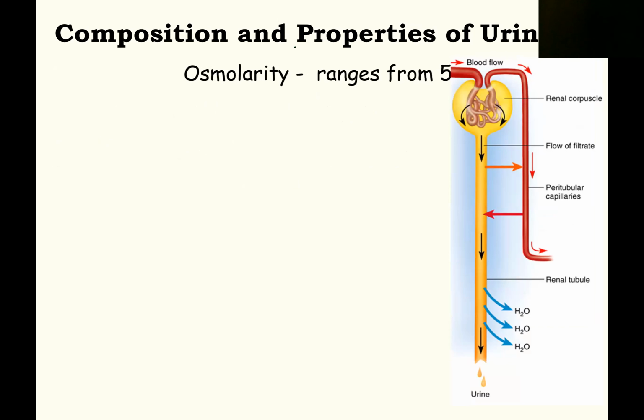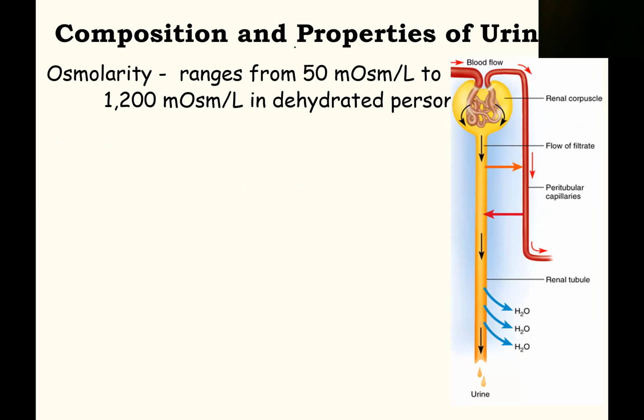Other properties: osmolarity can range from 50 milliosmoles per liter in a well-hydrated person, up to 1200 milliosmoles, which is very concentrated.